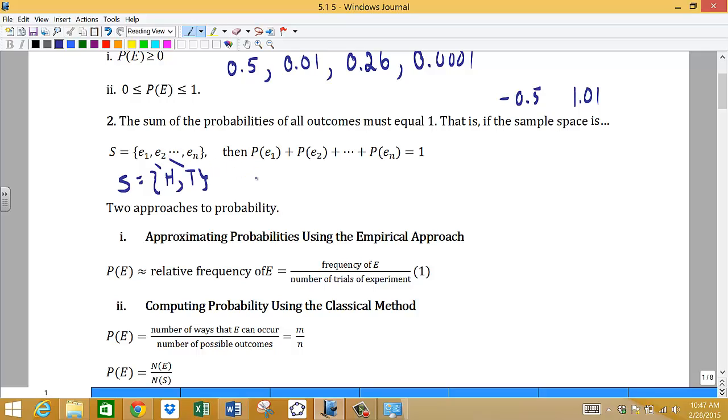So the probability of E1, which is heads, plus the probability of E2, which is tails, must be 1. And we know the probability of heads is a half, plus the probability of tails is a half, and that equals 1. So 1/2 plus 1/2 is equal to 1. So that's basically what this rule says.